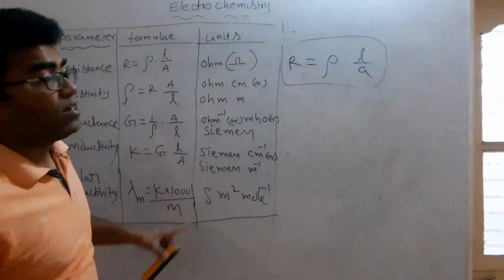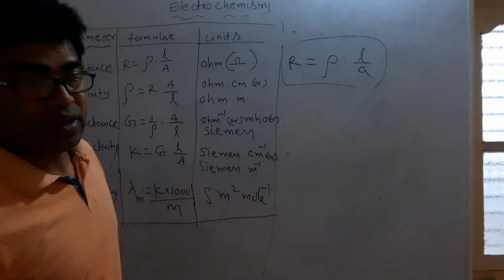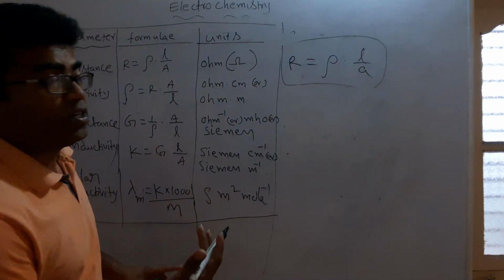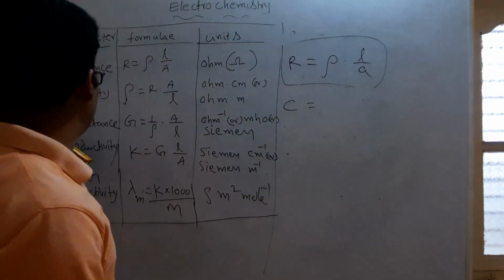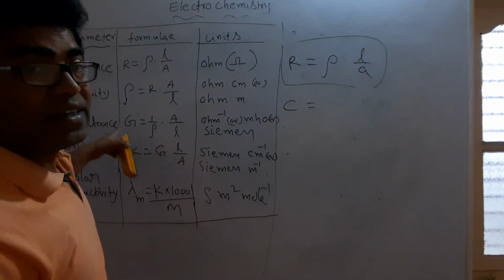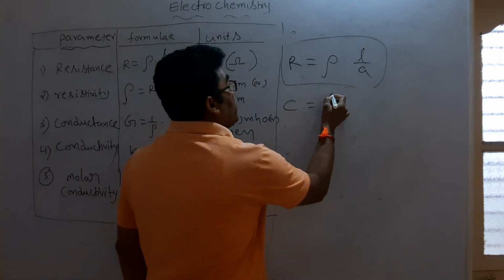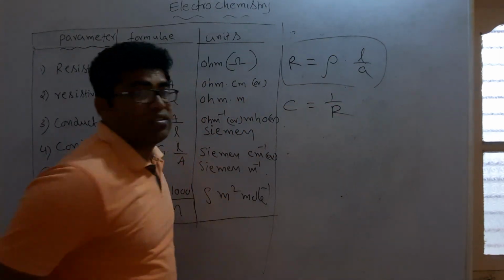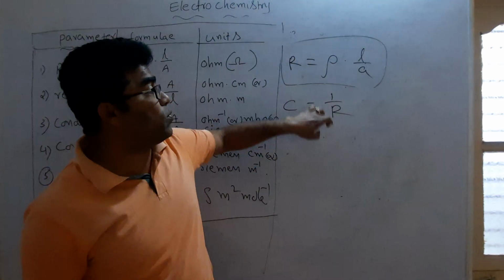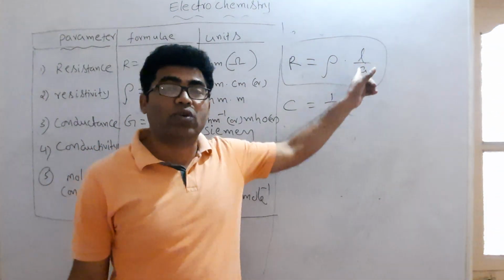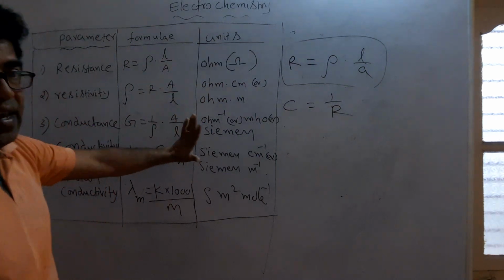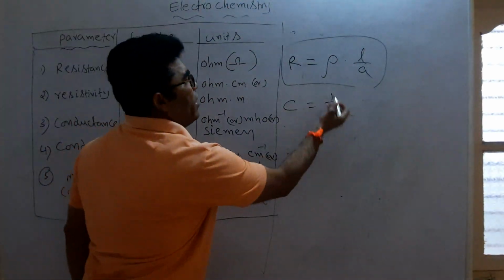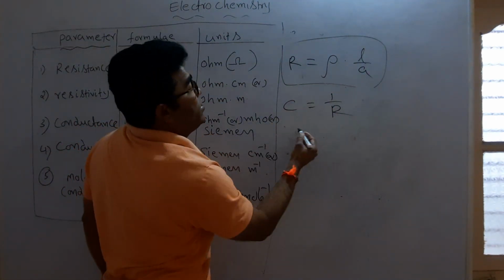So conductance and resistance are reverse, inversely proportional. Conductance is the reciprocal of resistance, so C equal to 1 by R. You substitute this R value in this equation.